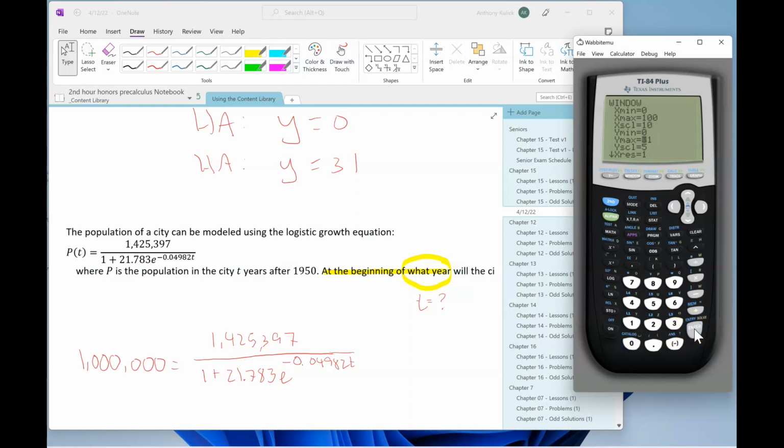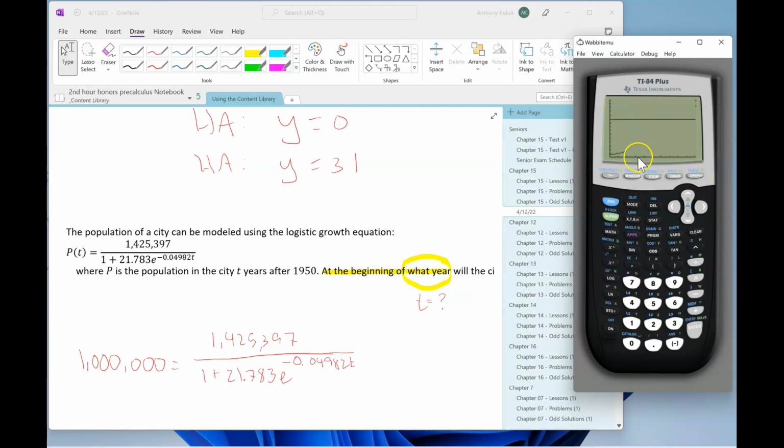It's a logistic function, so I know the lower bound is at 0. The upper bound is going to be the C value. Instead of typing that in exactly, I'm just going to round up to 1.5 million. And that should be good. Let's hit graph and see what we get.